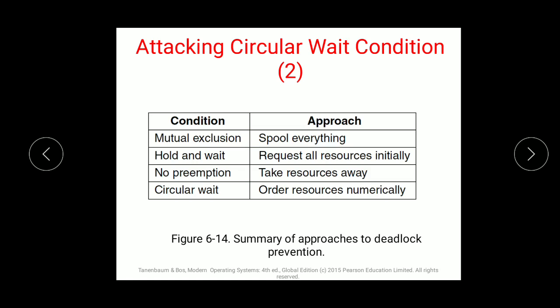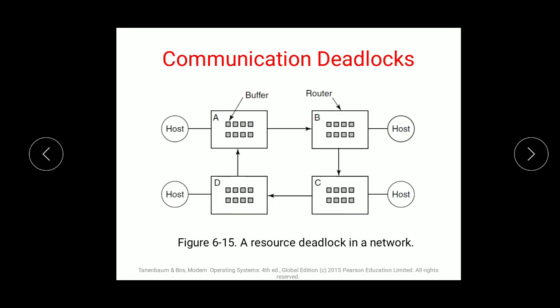Hold and wait: request all resources initially, when they are starting the process, give them separate resources. No preemption: take resources away. If they are not working on it, purposely take it back so that another process can complete its task. Circular wait: order resources numerically, in a sequence, so that the circular wait condition cannot occur in deadlock.